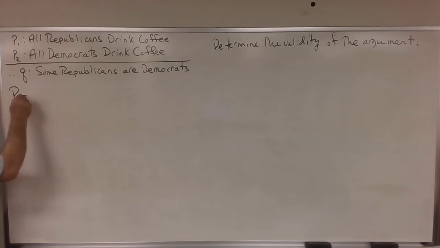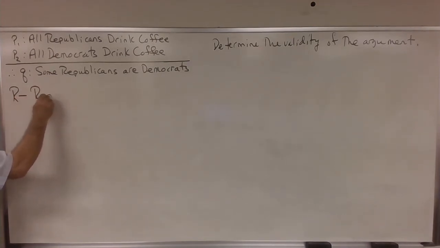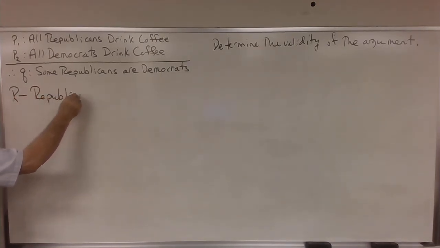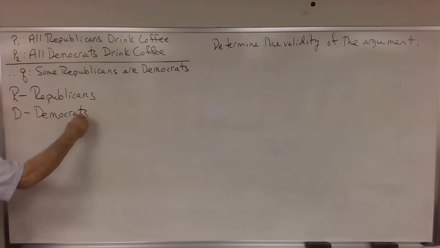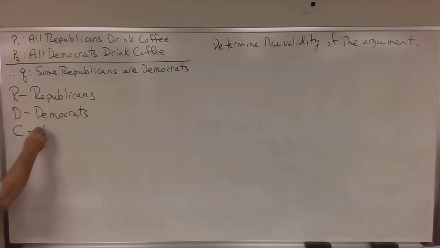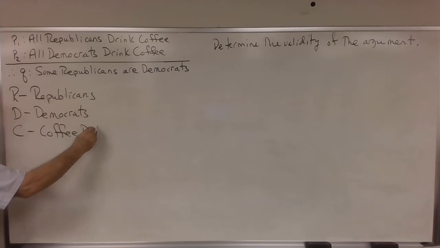We have R, the set of Republicans. We have D, the set of Democrats. Let's see, Republicans, Democrats, and C, the coffee drinkers.